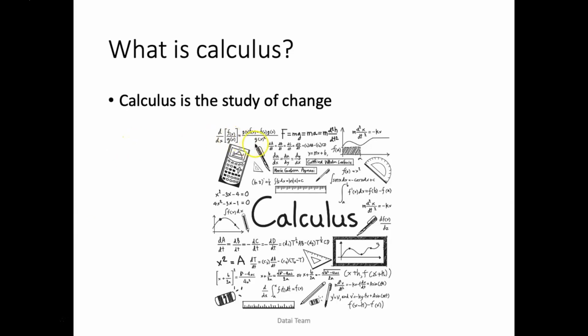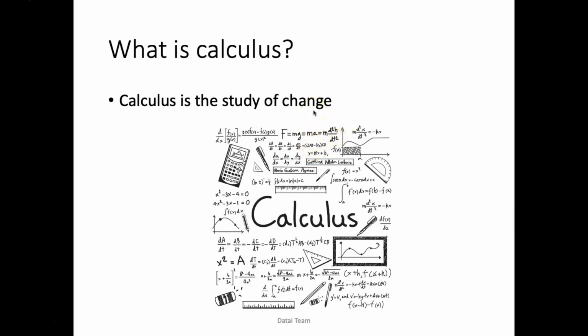Here we have Newton's second law of motion. We have F is equal to ma, and instead of acceleration, we can write d squared h over dt squared. This means we have a function that's with respect to time, and h is the height or position, and we are taking the second derivative of height with respect to time, and this is giving us acceleration.